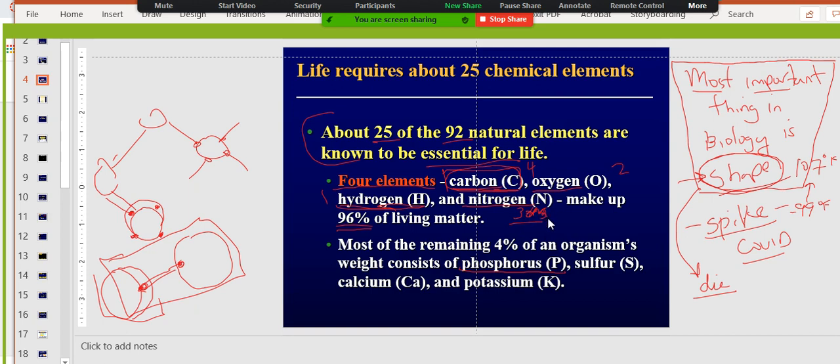But it's mostly 3. And so of all these, what do you think you can make the most complex stick figures out of? And the answer would be the one with the most holes, which is carbon. So this is why carbon is really important to life and to living systems.